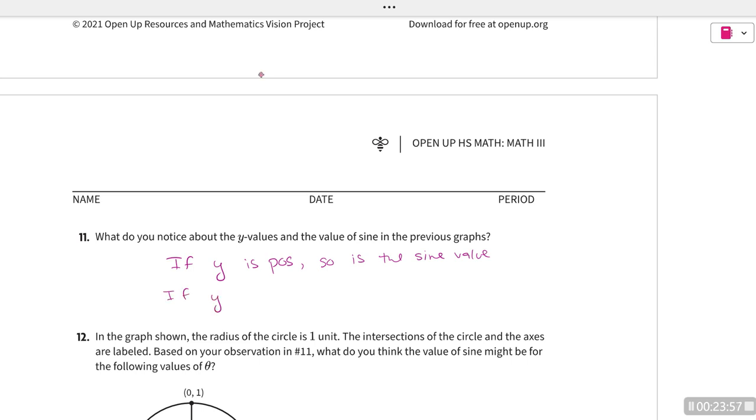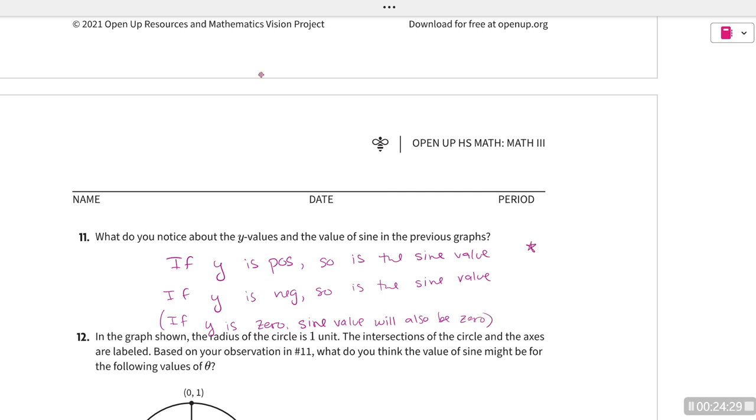If y is negative, so is the sine value. And we could even take this a step further, and now this wasn't from the previous graph, so I'll put in parentheses: if y is 0, well, sine will also be 0.